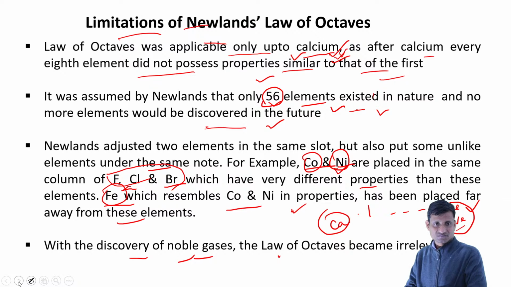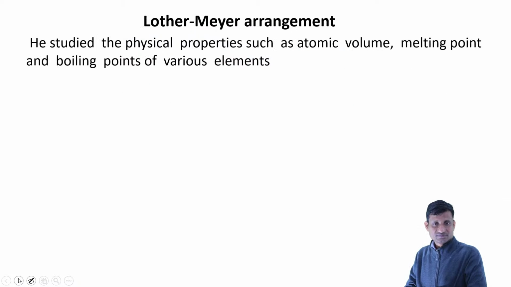Okay, so after that, another person who came into the picture was Lothar Meyer. He tried to arrange the elements by measuring their physical properties.